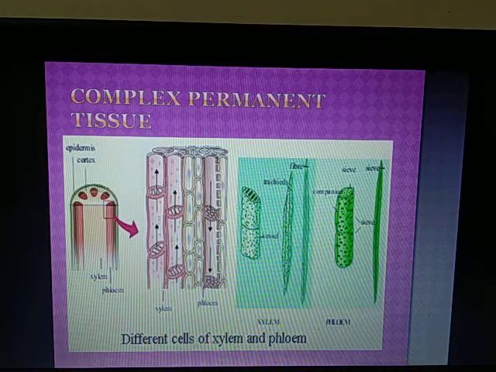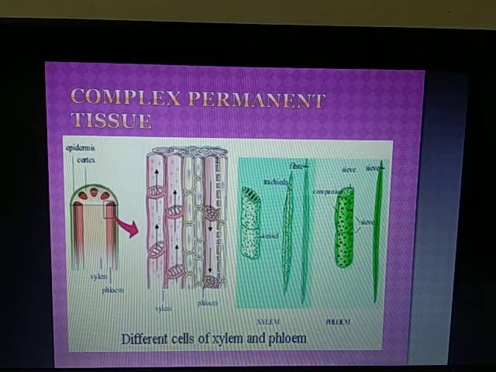Now the function is clear, and for where it is located, the location is the same as the xylem, so they are centrally located. In the case of the xylem, the transportation is in only one direction, from the root to the upper part of the plant. And the transportation of food is in all directions, from the leaf to all other parts of the plant.